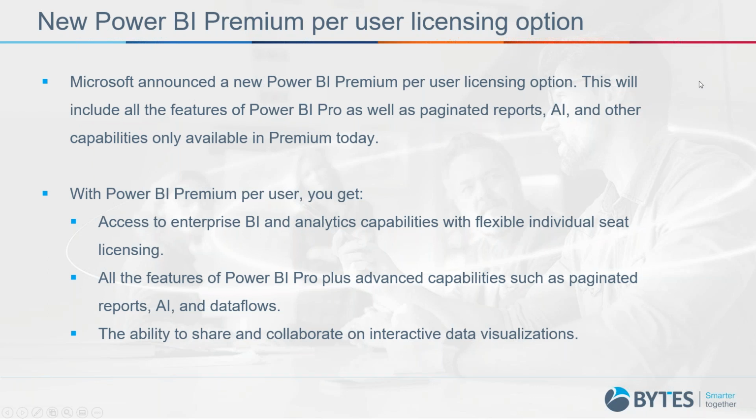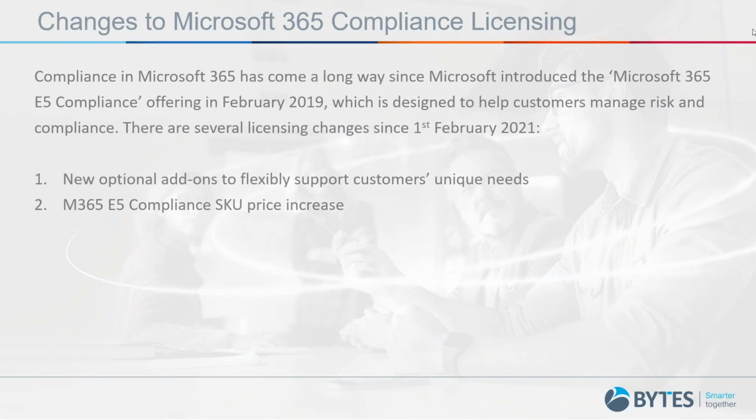And then on the next slide, we also see some changes to the compliance suite. So the compliance suite was first introduced back in February 2019 and has since received additional values. It's seen some licensing changes, and as such, Microsoft will bring the price up on the Microsoft 365 E5 compliance license.